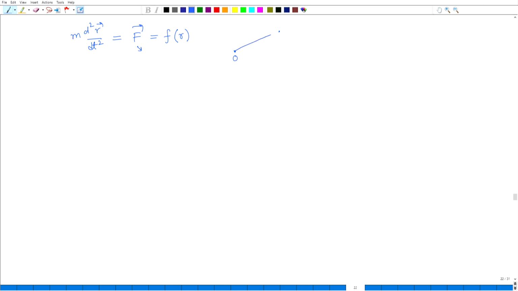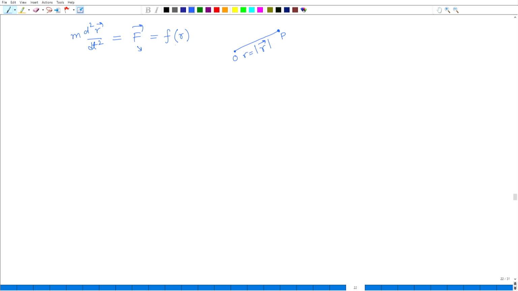So the magnitude only depends on the distance between the point at which the force is acting and the point from where the force originates, and this is called r, the position vector of the particle on which the force is acting. And that r is nothing but the magnitude of its position vector.